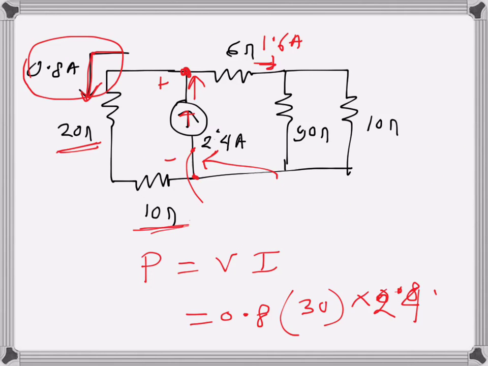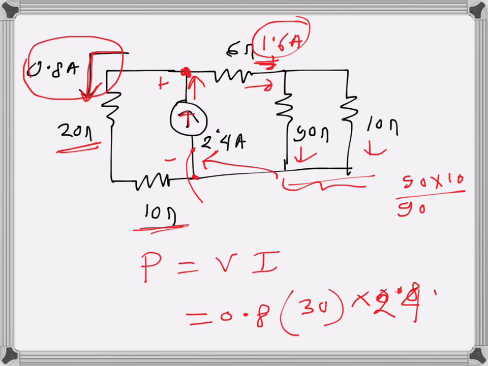Now I have this current, and instead of finding the current through 90 ohms and 10 ohms, I can just find the equivalent resistance, and the total current through that resistance will be the same as 1.6 amps. The equivalent resistance of 90 and 10 in parallel is 90 times 10 over 90 plus 10, so that's 9 ohms.